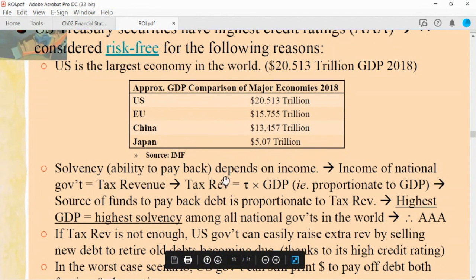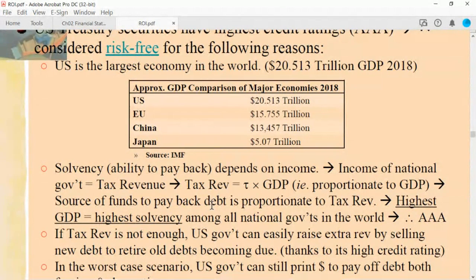Solvency, right? So that's why, think about it. When all the other governments fall, the U.S. government will be the last one to fall. Meaning, when all governments go bankrupt, the U.S. government will be the last one to go bankrupt. And even within the U.S. economy, when everybody falls, as long as there is a last individual or last corporation still standing to pay taxes, the U.S. government will last.